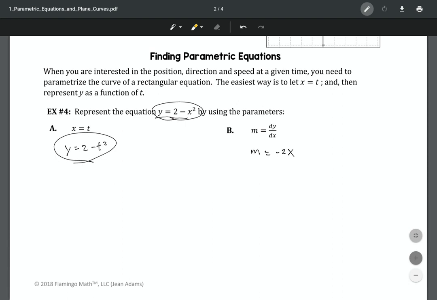So I want to replace this x with some kind of m. But to do that, I'm going to have to solve for x here. So x is equal to m over negative 2. And then I'm going to plug that into that equation. So I have y is equal to 2 minus m over negative 2 squared. So I have y is equal to 2 minus m squared over 4.